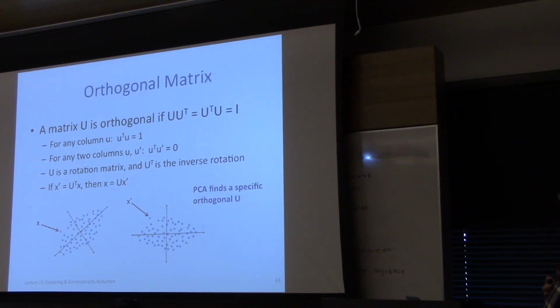So one can use U to define a new x prime that is basically a rotation of the original data point. Now the coordinates of x prime correspond to these dimensions of orthogonal high variability.